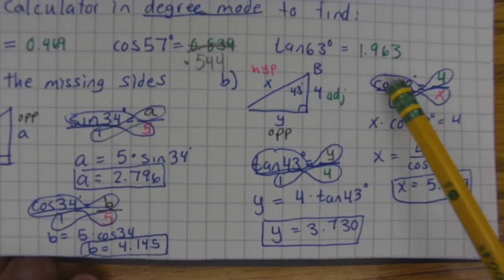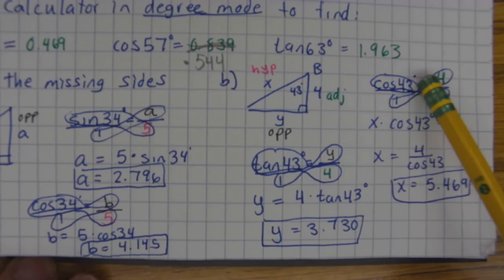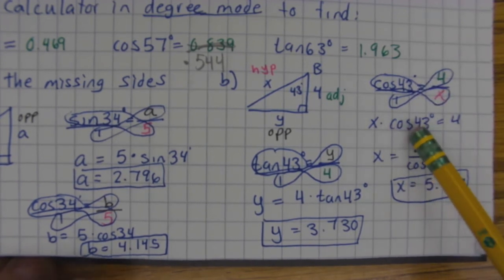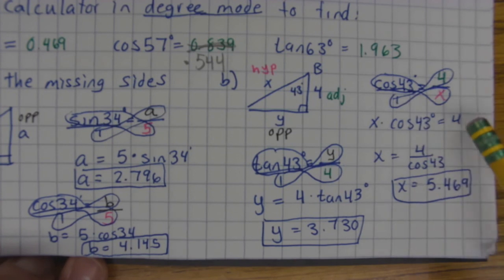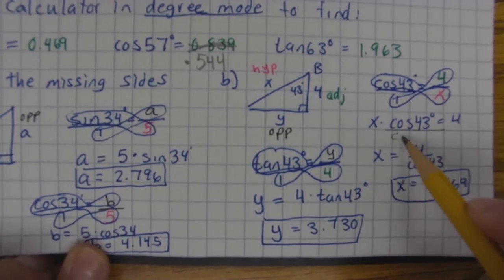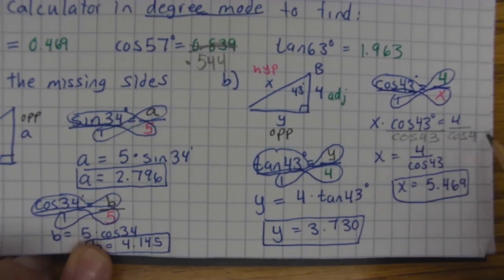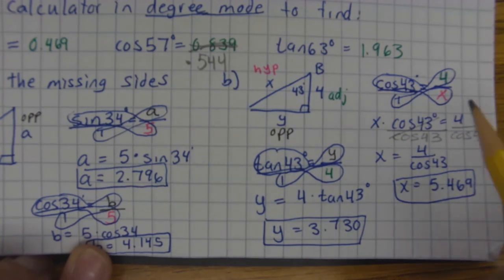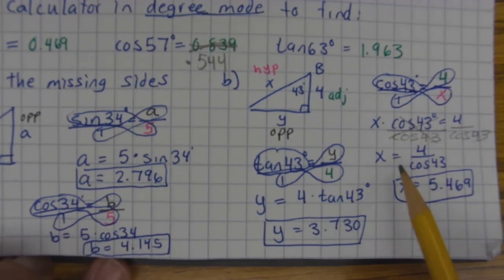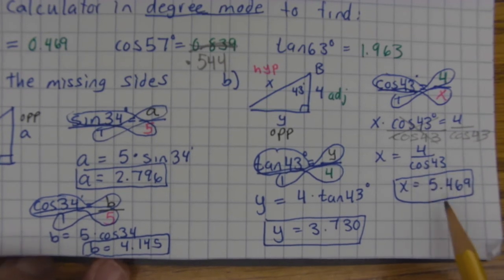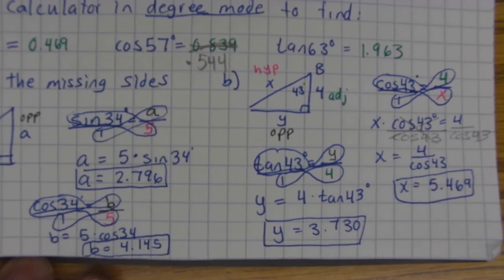So x times the cosine of 43, that is x cosine of 43 equals 1 times 4 is 4. From here, you want to get x by itself by dividing both sides by the cosine of 43. When you do that, the cosine of 43 on the left side cancels out, and you're left with x equals 4 divided by the cosine of 43. If you do that on the calculator, you get 5.469.